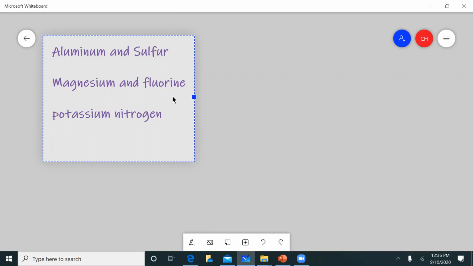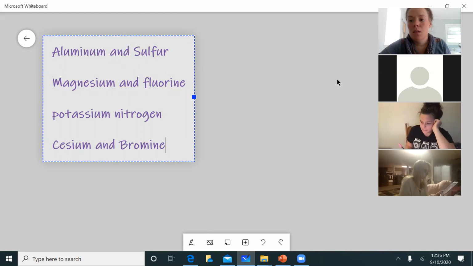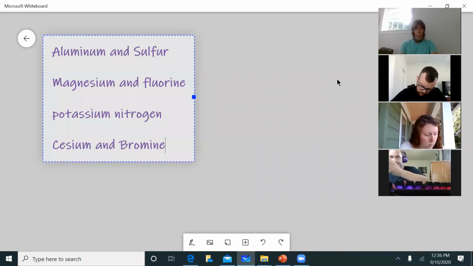We'll do cesium and bromine. Okay. So I want you to combine those two materials using your flip-flop method to make a formula. And your formula needs to be charge balanced.